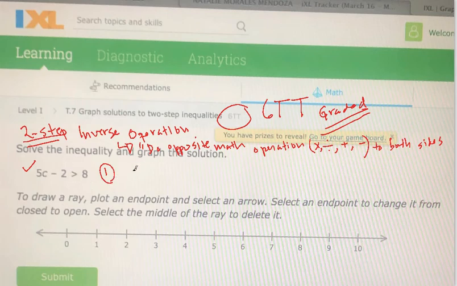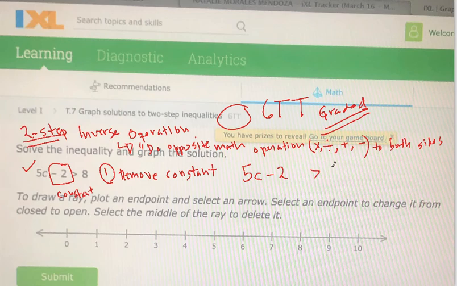The first inverse operation is to remove the constant. That's this minus 2 right here. This is the constant. So how do we do that? We do an inverse operation. So we have 5c minus 2 greater than 8. Let's get some blue.